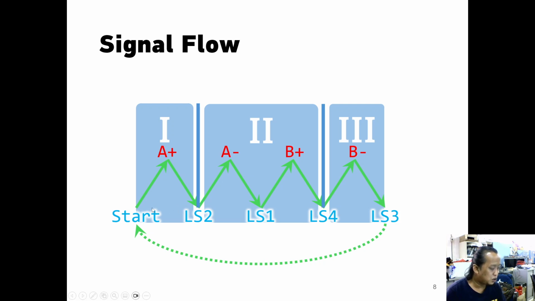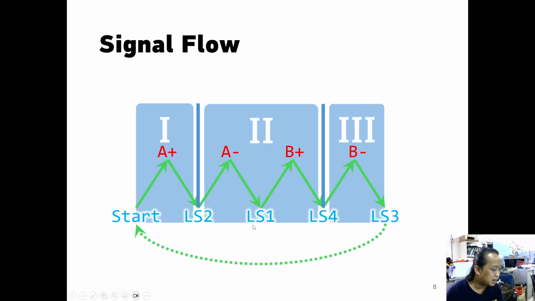In the initial position, after we push the start button, A plus is group 1. After cylinder A moves forward, it pushes limit switch 2, and after that it retracts. That is the beginning of group 2.